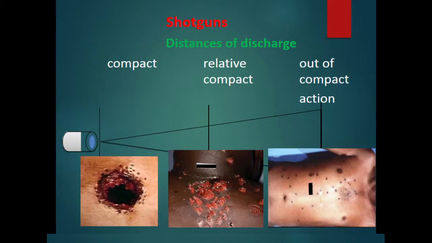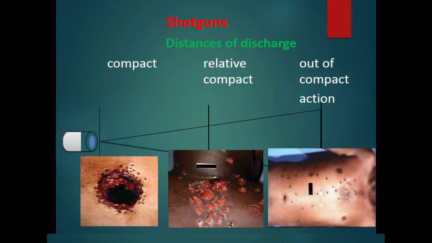In this picture, we see different distances of shot from such cartridges. In the first picture on the left, we see a relatively compact effect. The distance was relatively close.